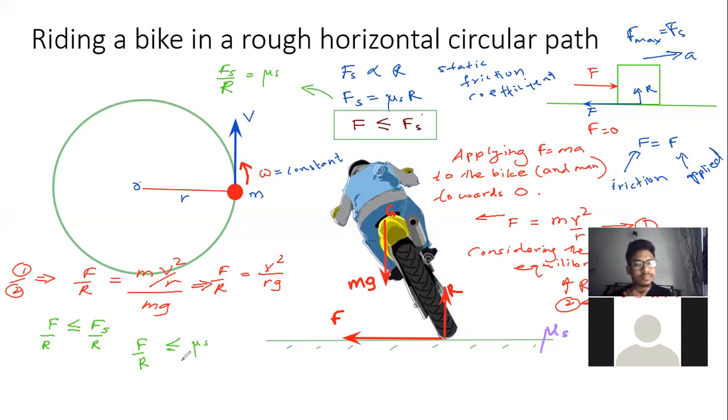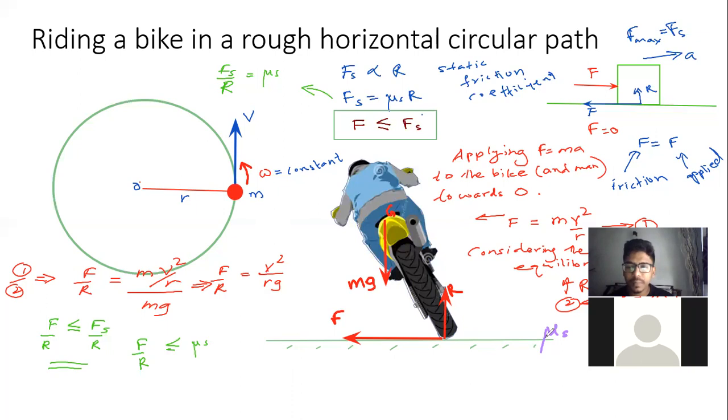Okay, is that clear? F over R is less than or equal to mu s, the static friction coefficient, because here you understood this formula. Okay, did you understand that?